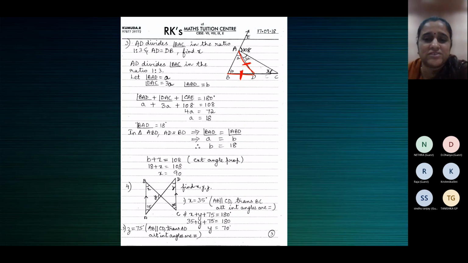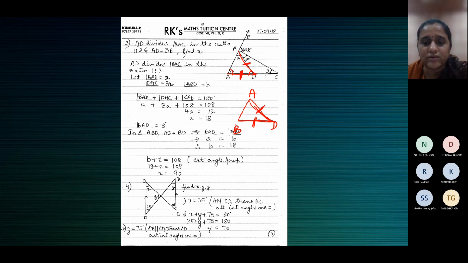Leave that angle. Which are the remaining two angles? Let me take that triangle separately. This is the triangle BAD. Now these two sides are equal. When they go in this direction they diverge, but they converge here at D.